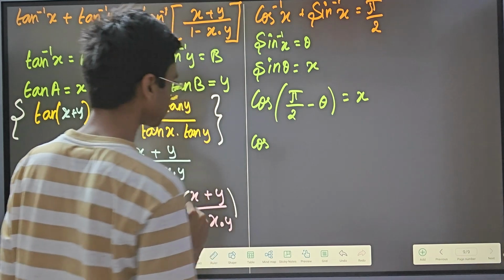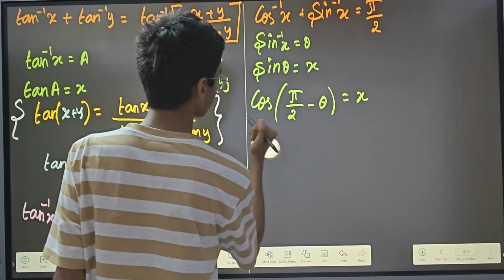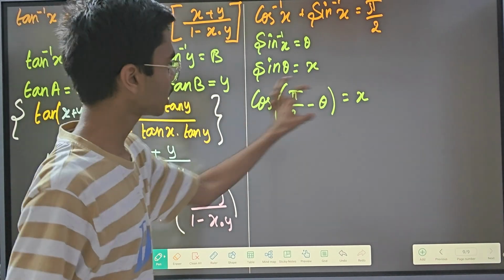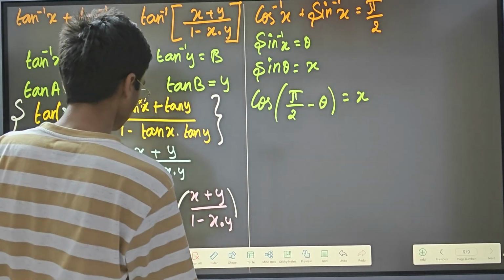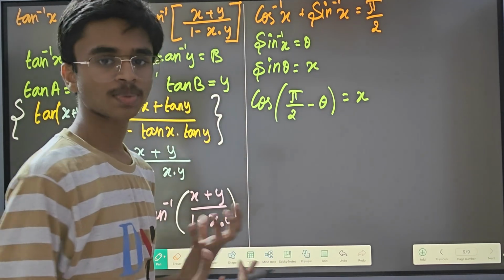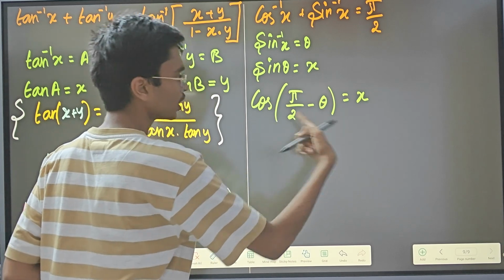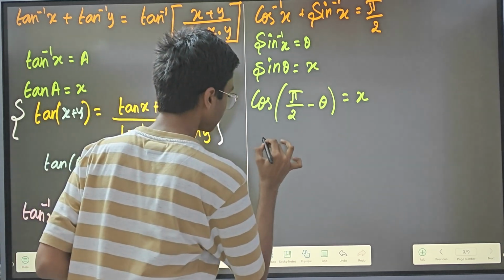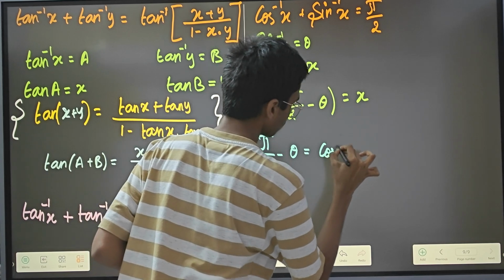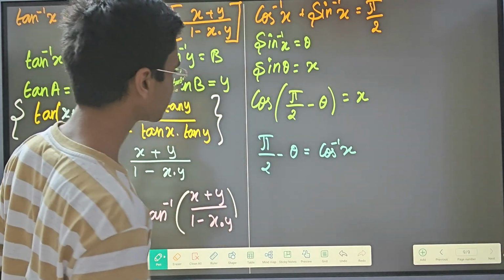So put cos inverse: you have to multiply this total equation with cos inverse. Now the important bigger step comes. So it will be pi by 2 minus theta is equal to cos inverse of x.